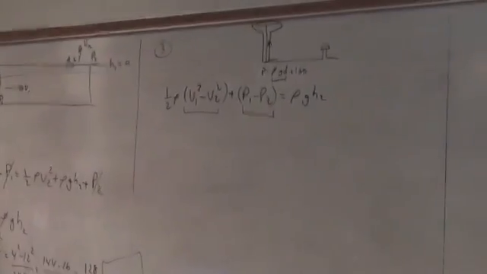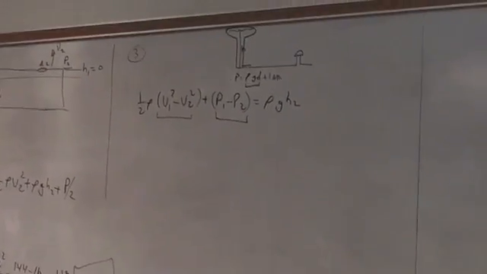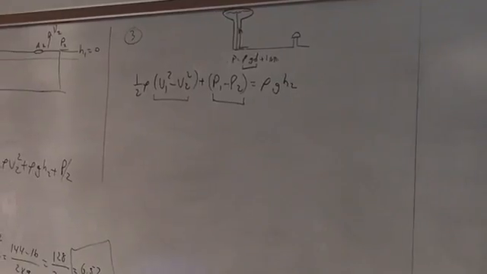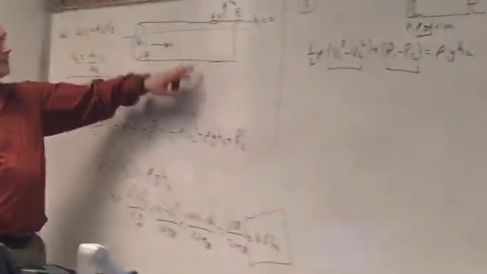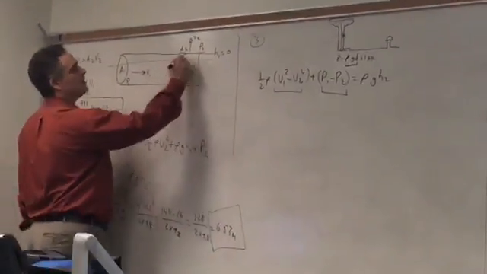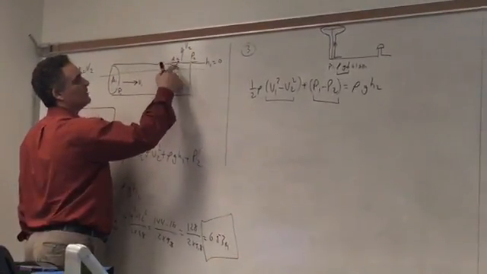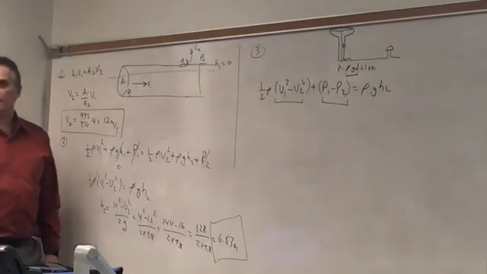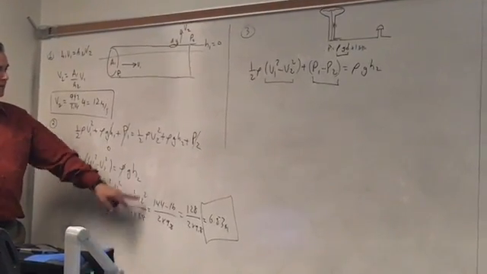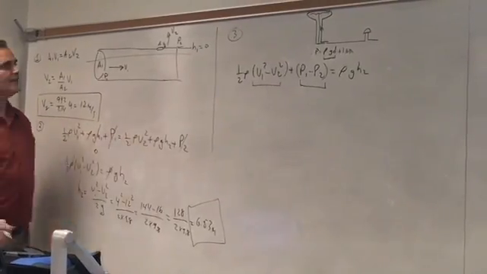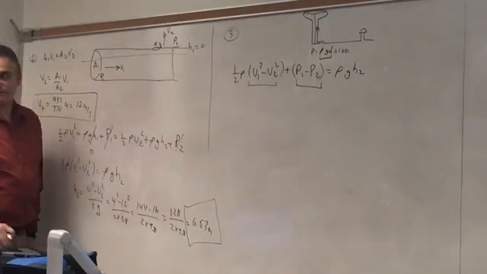Isn't V2 technically 0? Because the water reaches maximum height. Okay, so V2 is when it's exiting. So what is the height in that equation? This height, that's exactly why it's negative.